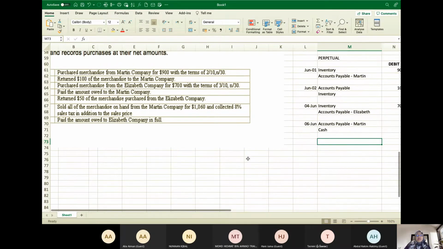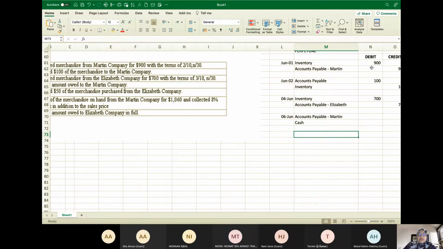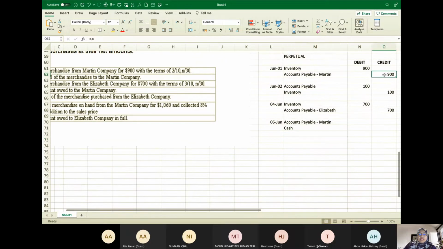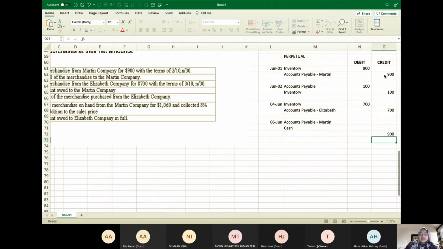When you first purchased, you credit Martin 900, and then there's a return of 100, so minus 100. The balance due is 800.